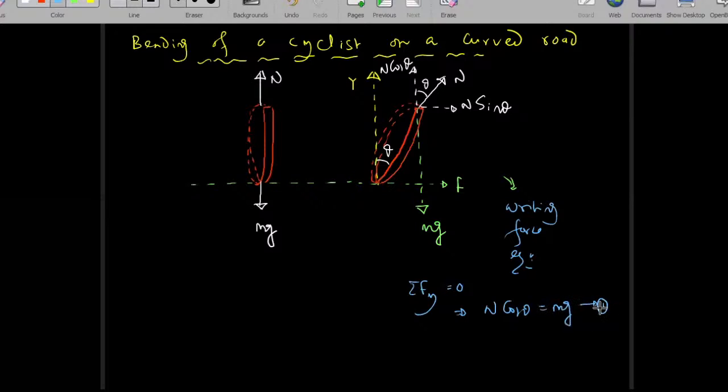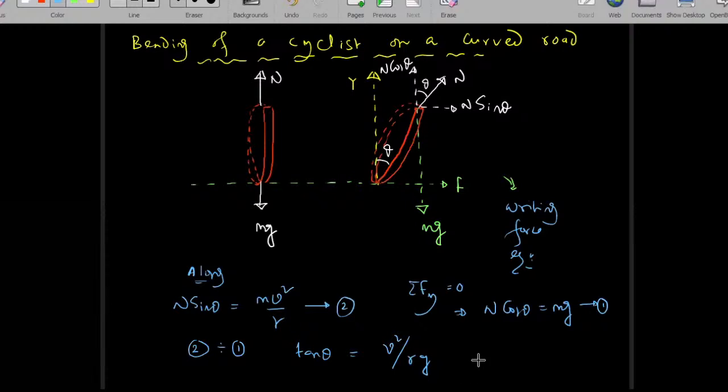This is equation number 1. Now along x, N sine theta is supplying the centripetal force, that is mv square by r. This is equation number 2. So if I simply do 2 divided by 1, aren't we getting tan theta is equal to v square by rg? So v value is equal to how much you are getting? Root under rg tan theta.